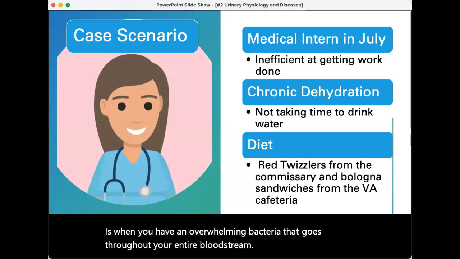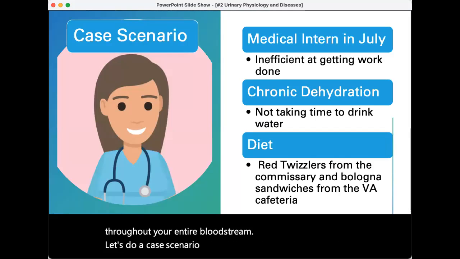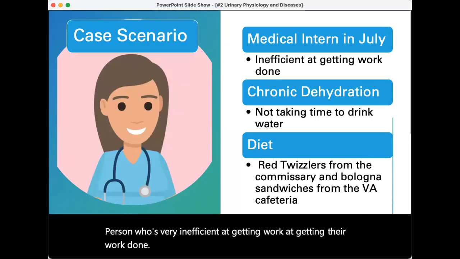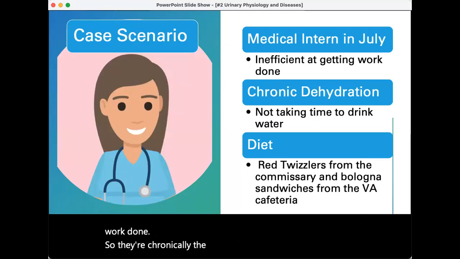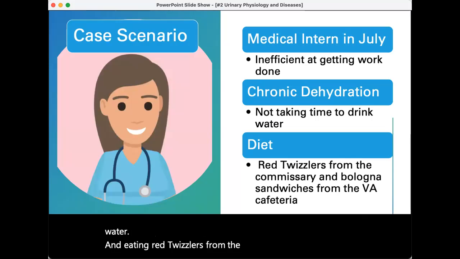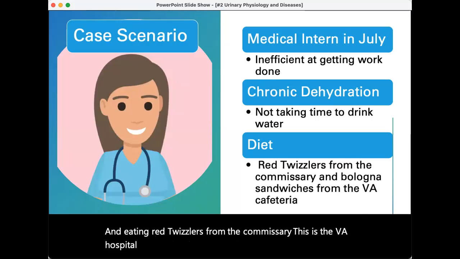Let's do a case scenario. A medical intern in July, a person who's very inefficient at getting their work done. So they're chronically dehydrated, they're not drinking water, and eating red Twizzlers from the commissary, this is the VA hospital, and bologna sandwiches from the VA cafeteria.